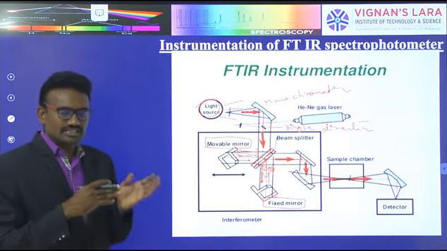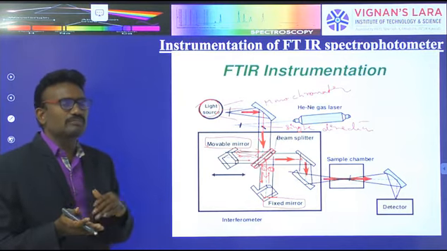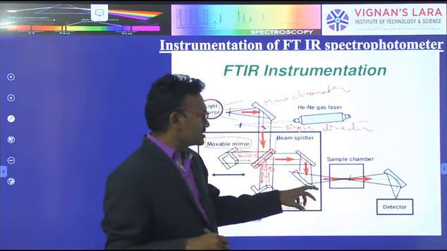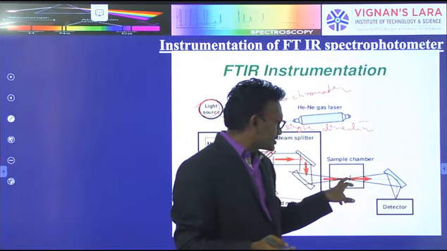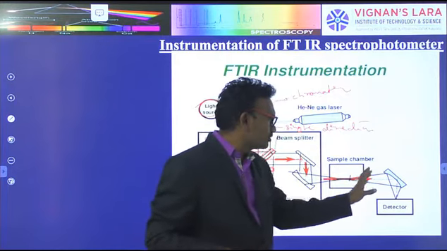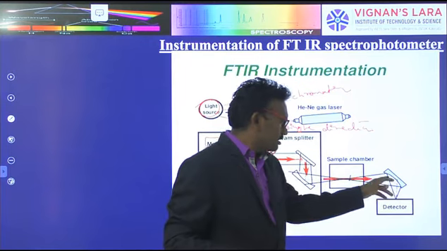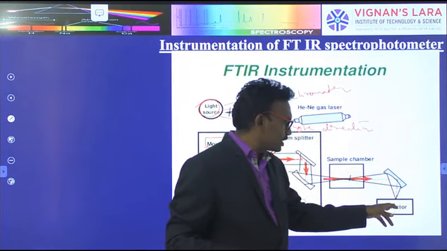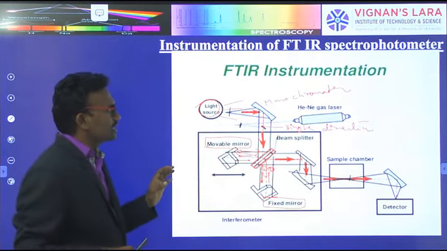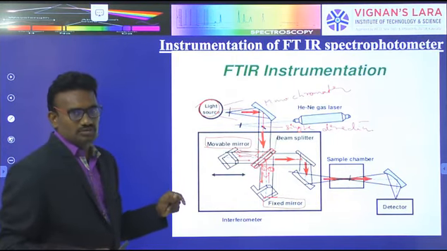Some molecules have stretching vibrations, some have bending vibrations, depending on the molecules. After the vibrations, the light is transmitted through the sample to the detector to produce a spectrum in a computer. This is the FTIR instrumentation principle.